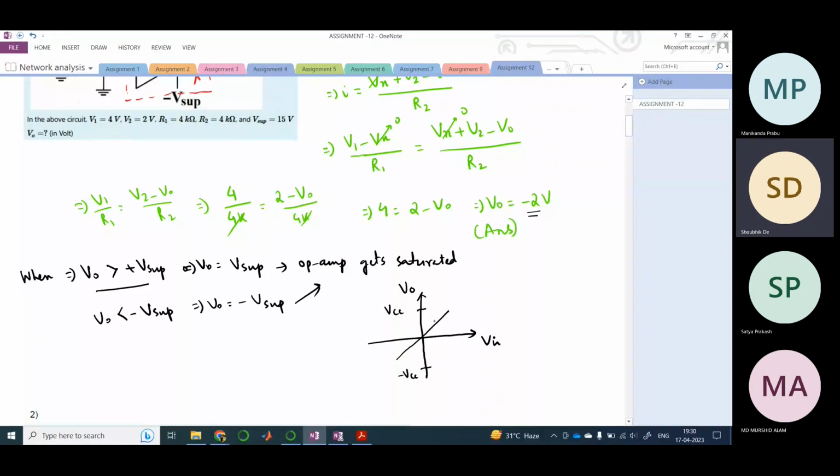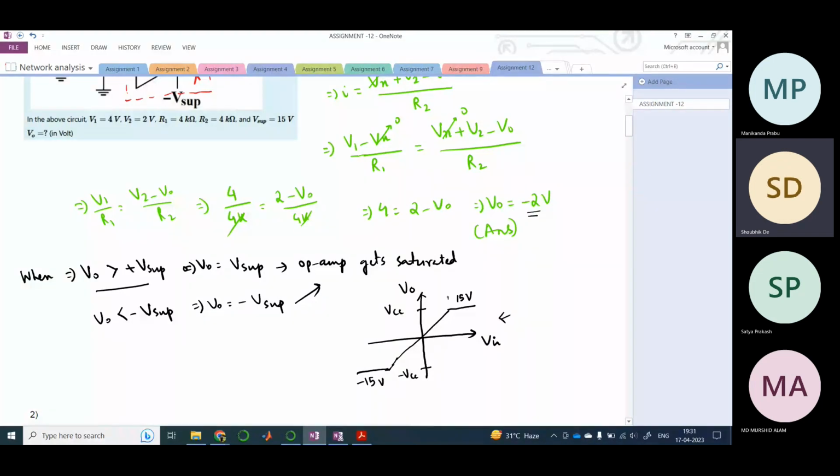As soon as it exceeds this voltage, so it touches plus VCC or minus VCC, the op amp gets saturated. The output becomes flat. From then on, the voltage becomes minus 15 volt, and here it becomes 15 volt. So this is the operating characteristic of an op amp.